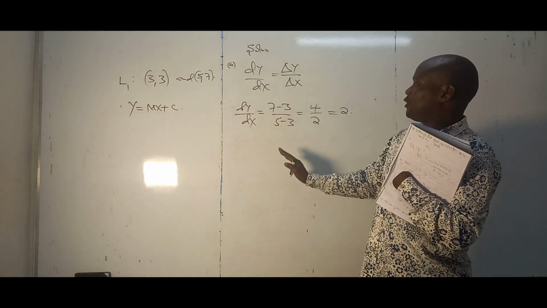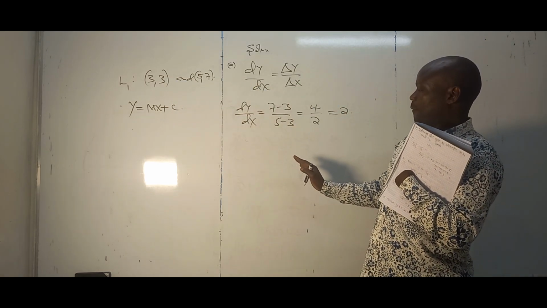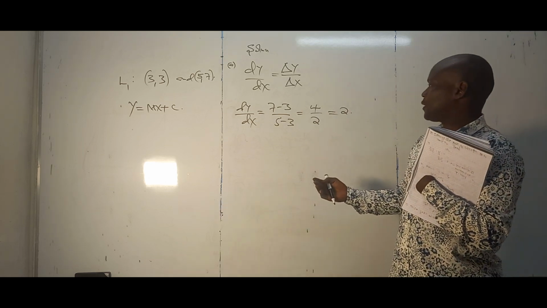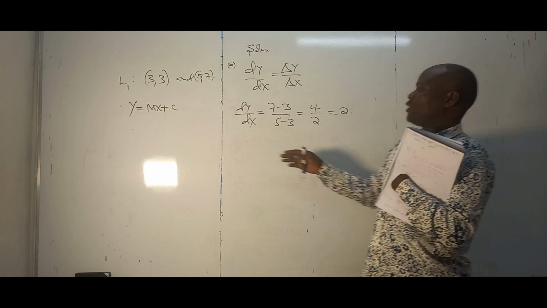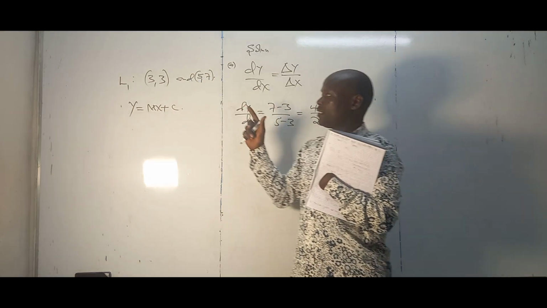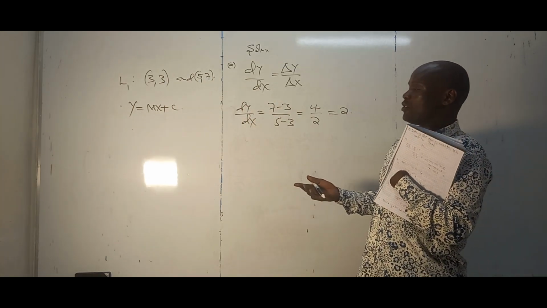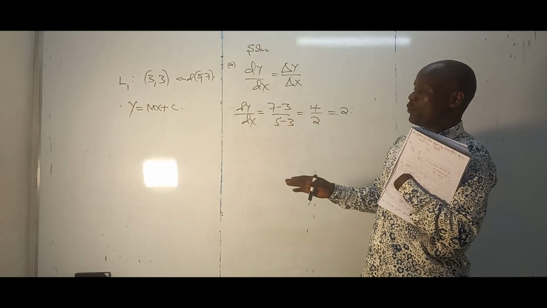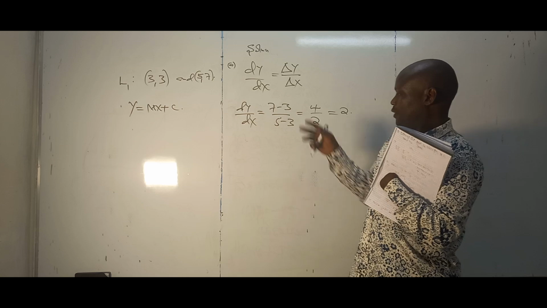So I can use the same argument to specify its equation, because I can use an arbitrary point, meaning any point along the line where we call its coordinates x and y.